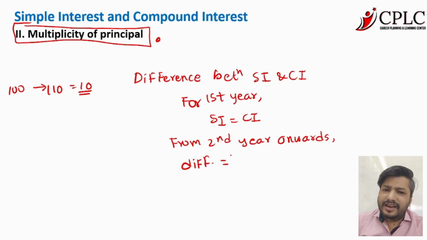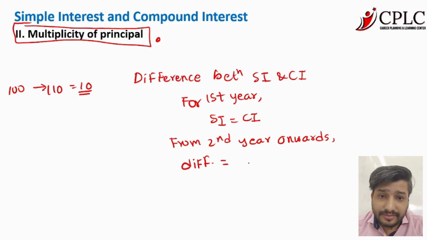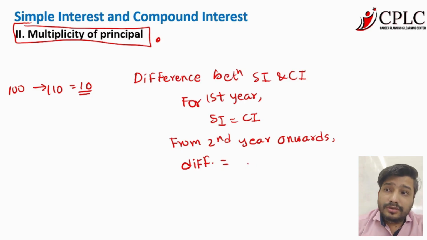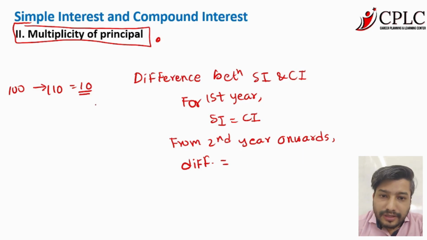Now let's try and understand why this 10 rupees difference comes, or rather from where it comes in the first place. If you remember the underlying philosophy of compound interest, which is that we not only calculate the interest on the principal, but we also calculate it on the interest.